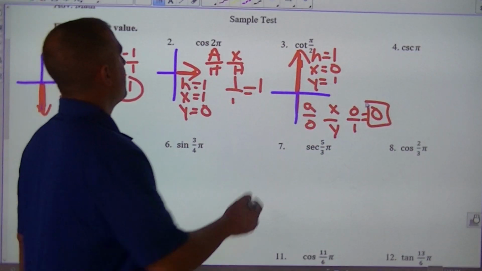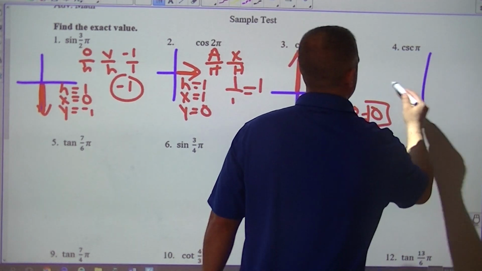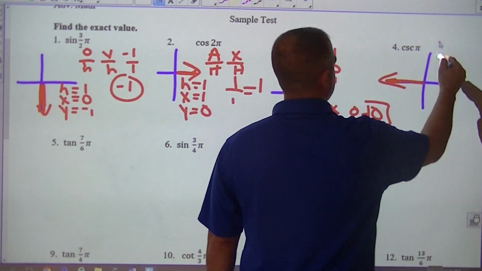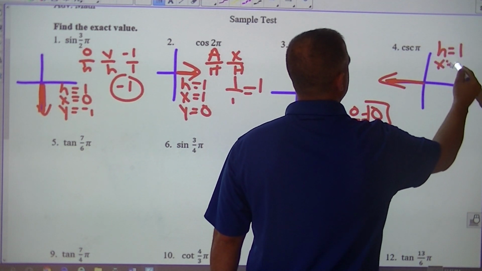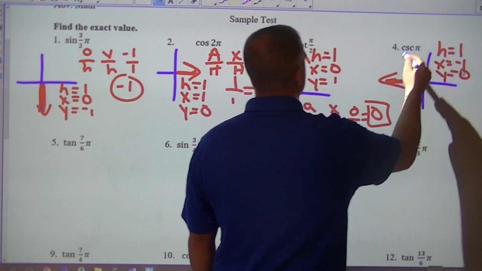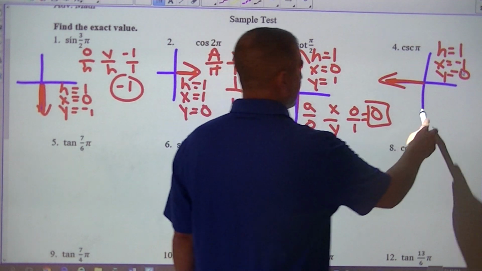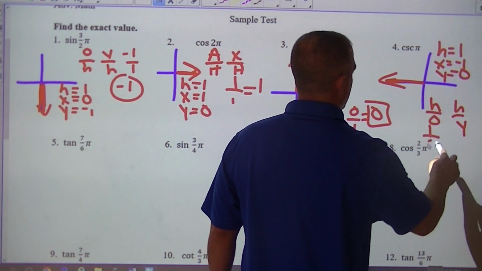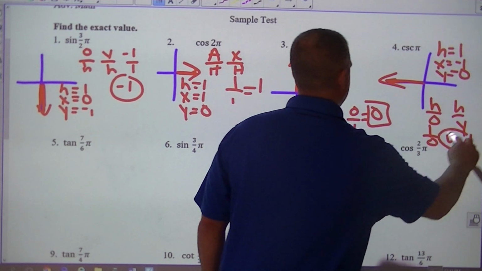Cosecant of pi, that is going to be over here. So the H would be 1, X would be -1, Y would be 0. Cosecant is H over O, or H over Y, so 1 over 0, which would be undefined.